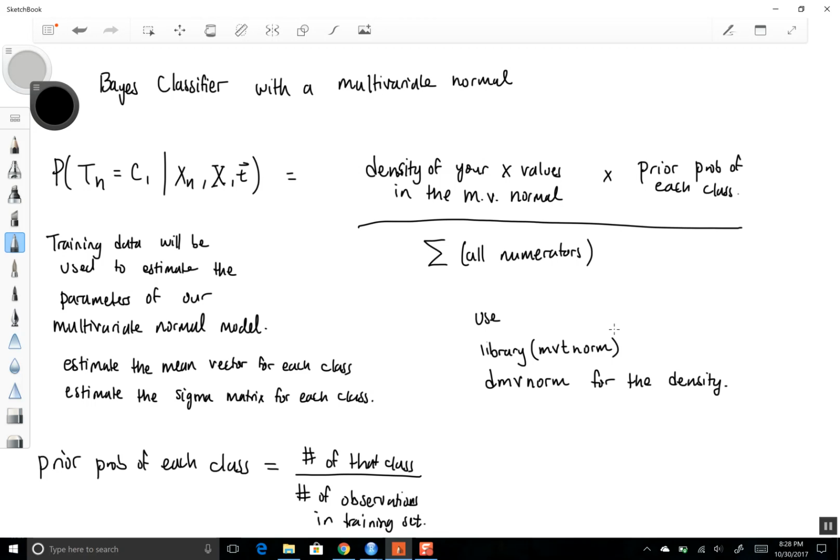And if you have some other shaped thing, that's fine. Oftentimes, we don't use the Bayes classifier straight up. We'll often use something called a naive Bayes classifier. Okay?